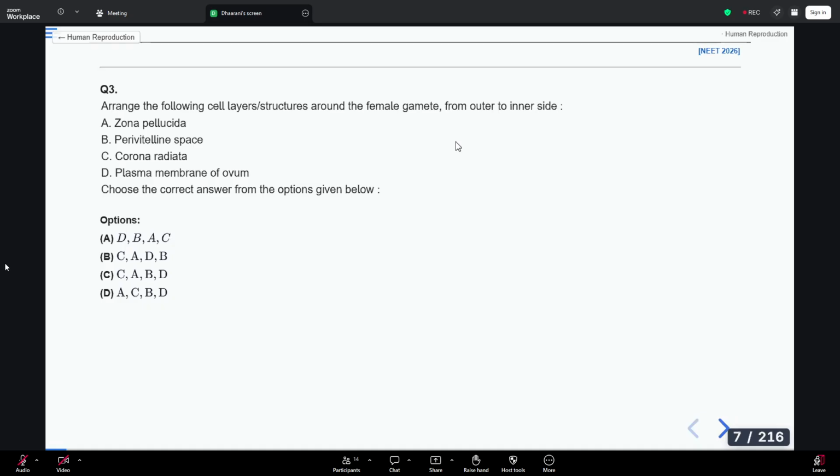It is not zona pellucida. Followed by corona radiata, you can see zona pellucida. Next to zona pellucida are the other two layers.